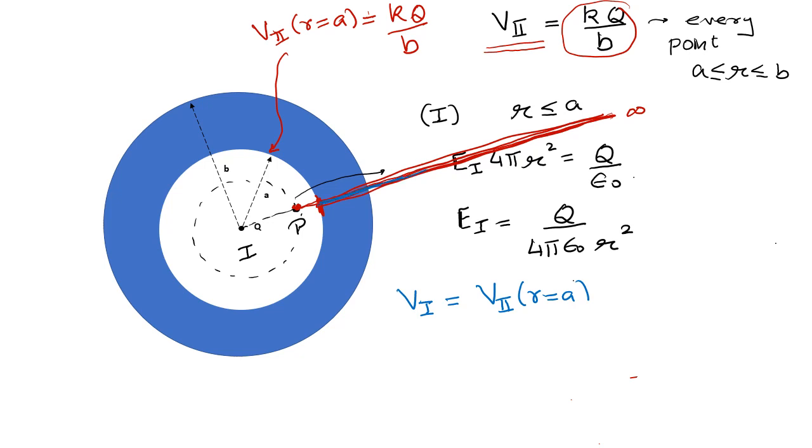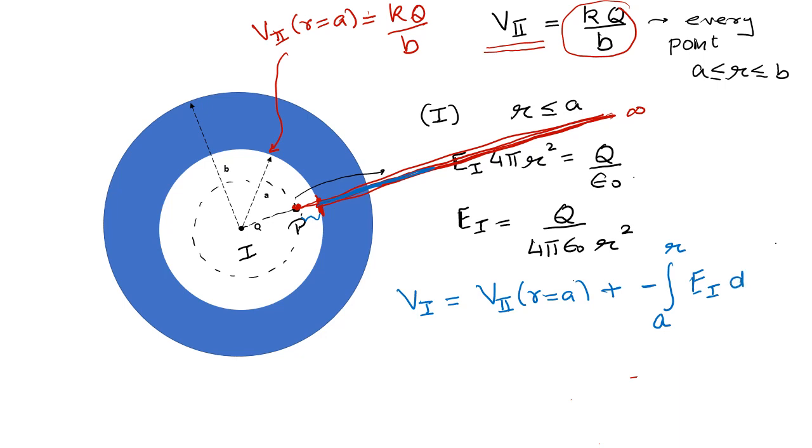I have reached this point. Now I have to go this extra step. So it would be plus minus. This minus again is in the definition of potential. We go from A to any point R and we integrate the electric field we are seeing there.